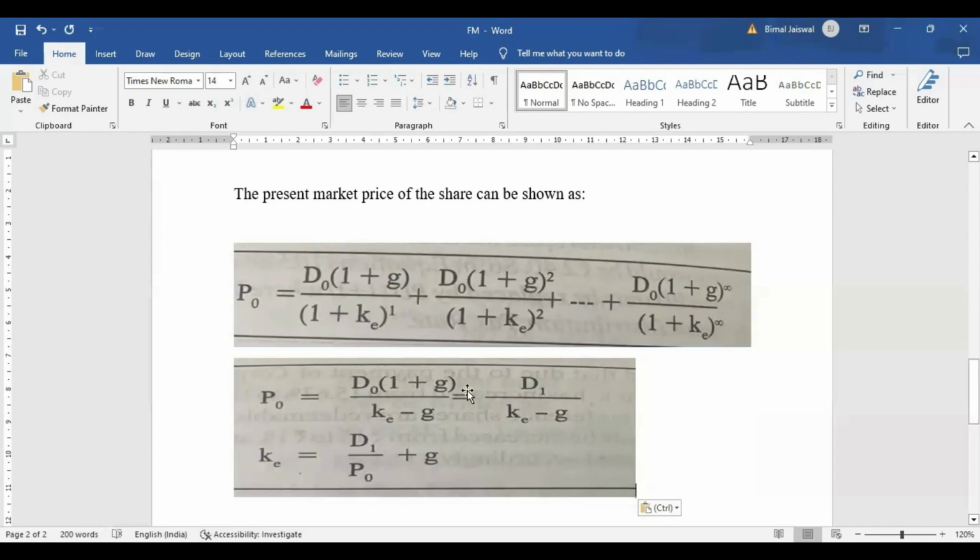So P0 is equal to D1 upon KE minus G, which can be restructured, and we can calculate KE is equal to D1 upon P0 plus G.